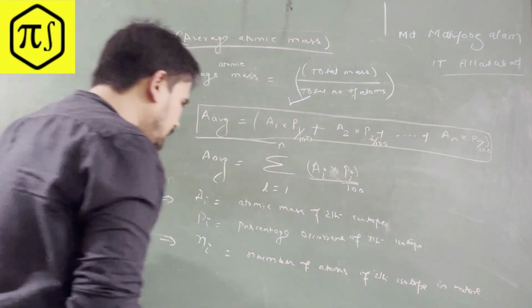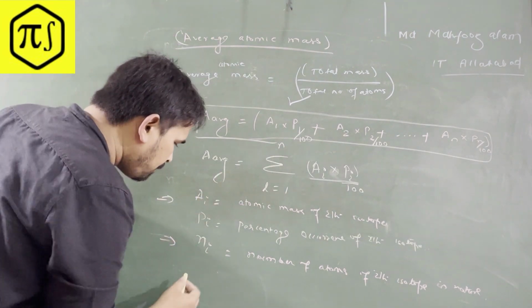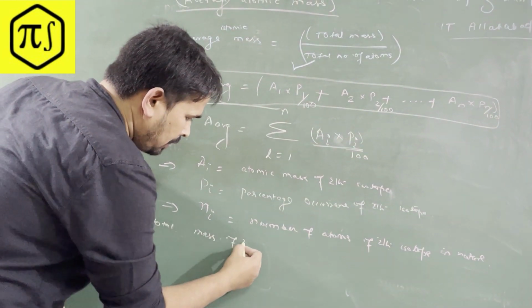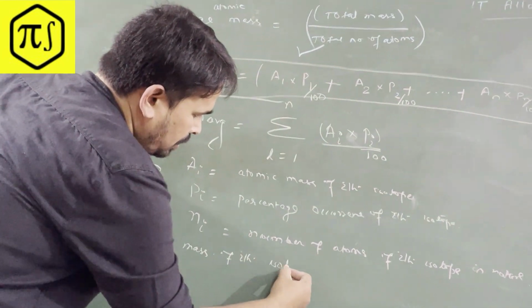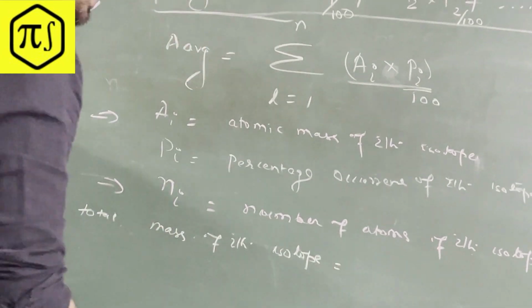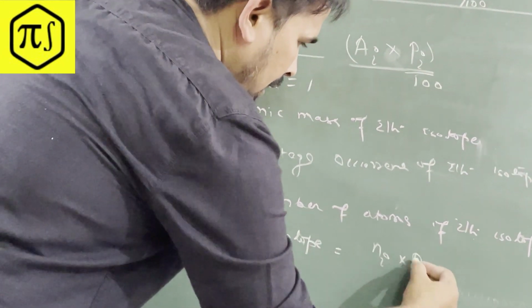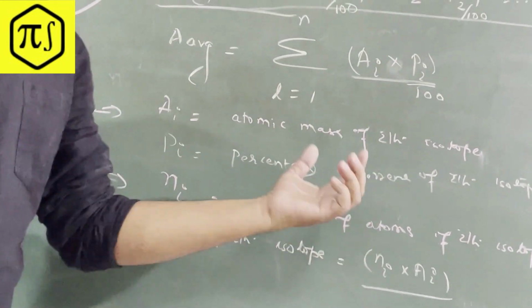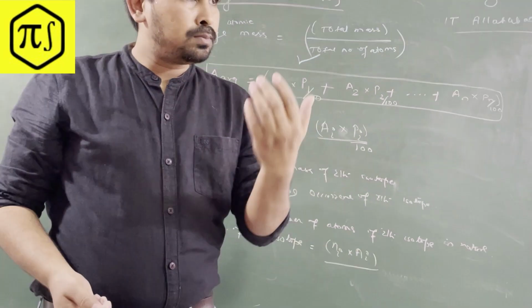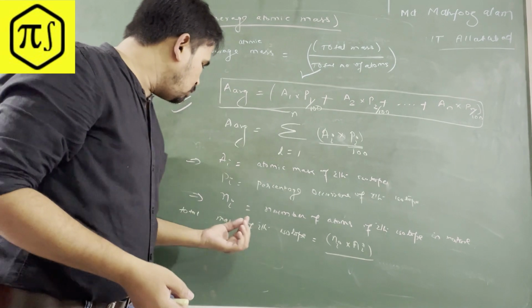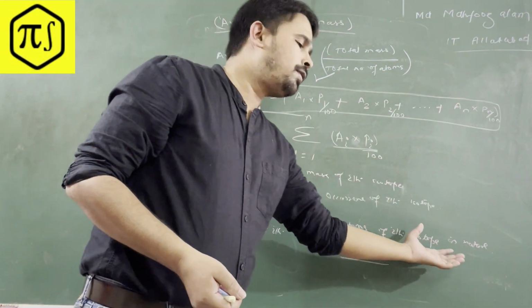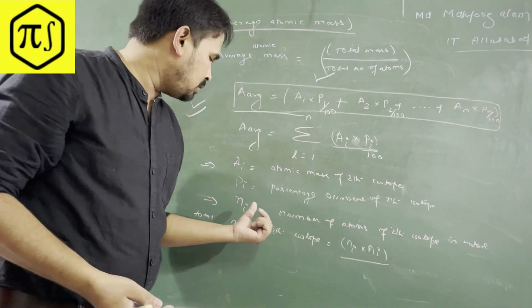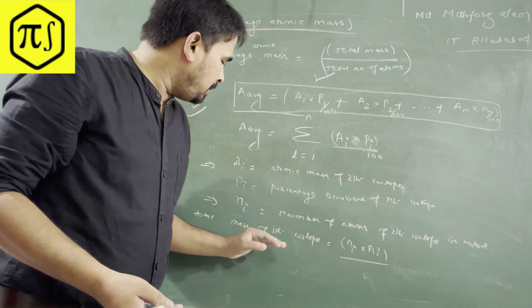One atom's mass you know, and the number you also know, so you multiply them.